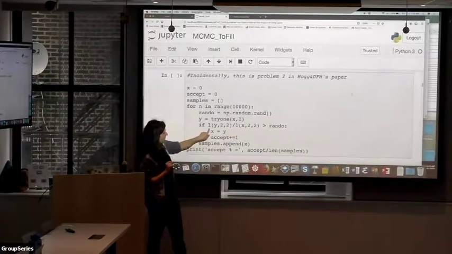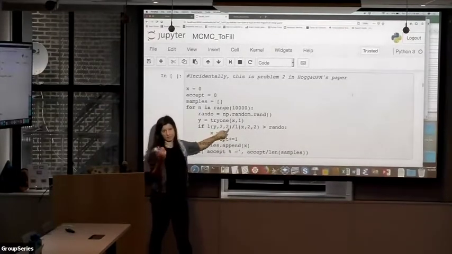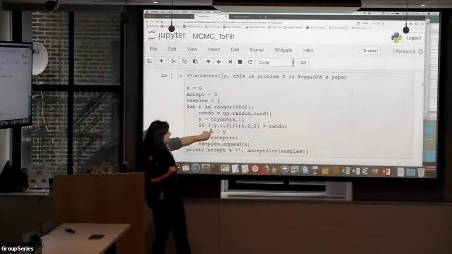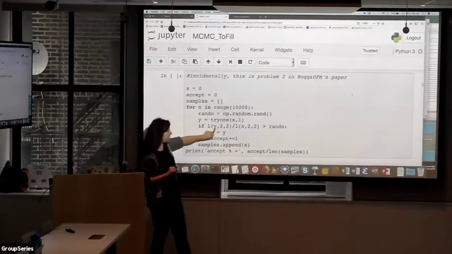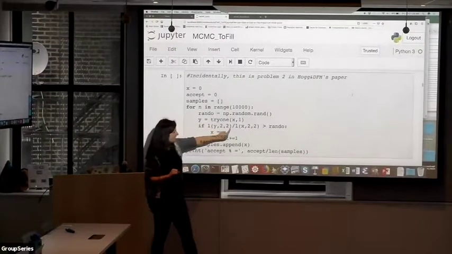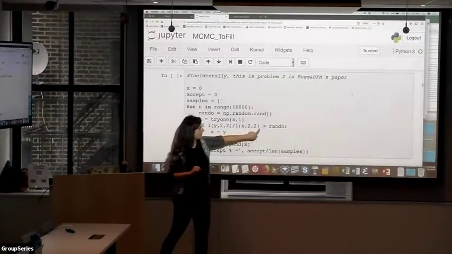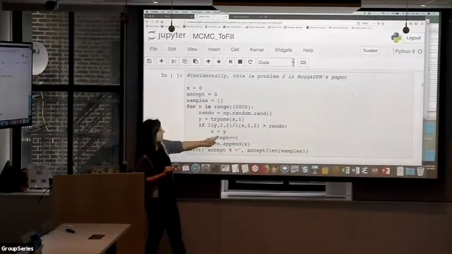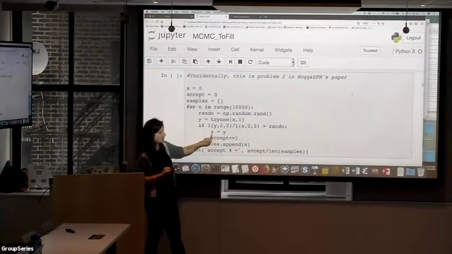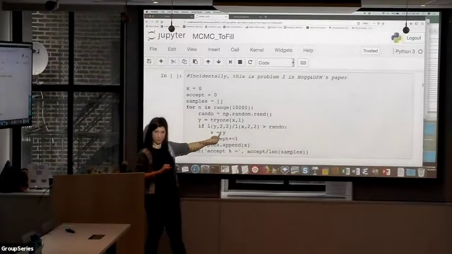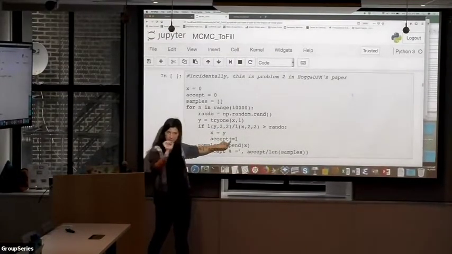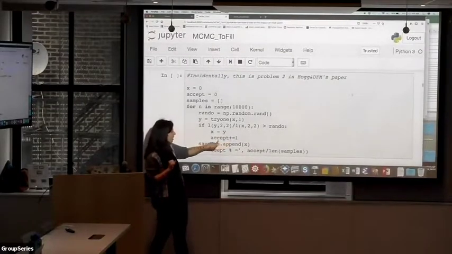Then I'm saying, okay, if the likelihood, this really should be the posterior, we are missing the prior piece, but that's okay for now. If the likelihood at the new location divided by the one at the old location is greater than my random number, then I will update the location to be y, and I will increase my current count of the accepted steps.